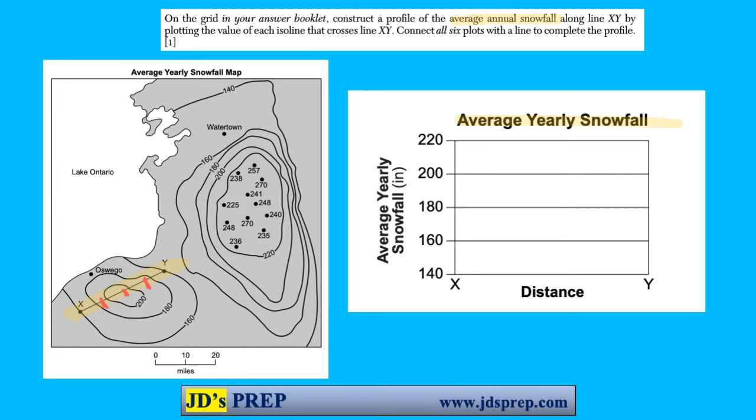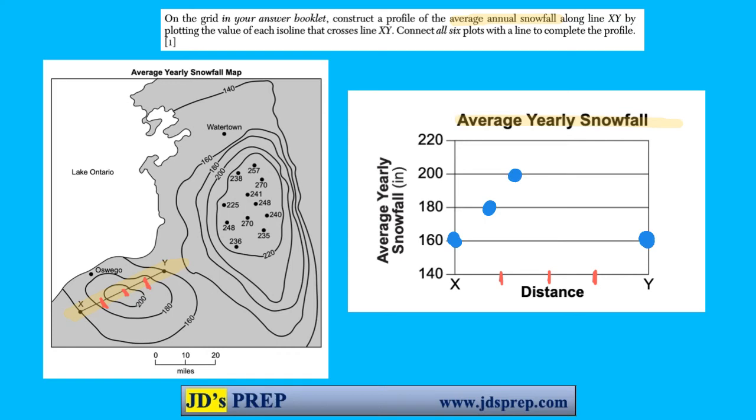So what I've done is I've broken up this line into approximate halves and then divided those approximately in half, and I'll do the same for down here. Those will be my reference points. Both X and Y are on the 160 isoline, so I'm going to mark those in there. Moving from X to Y, we hit the 180 isoline just before a quarter of the way.